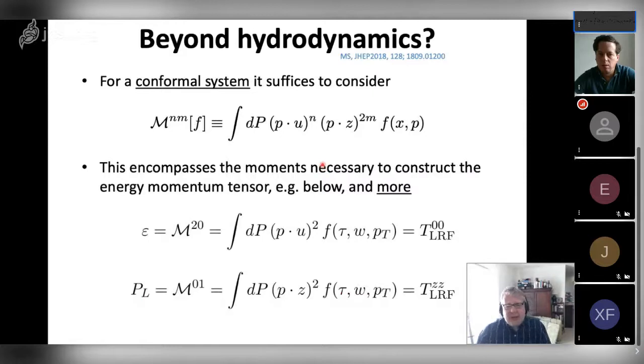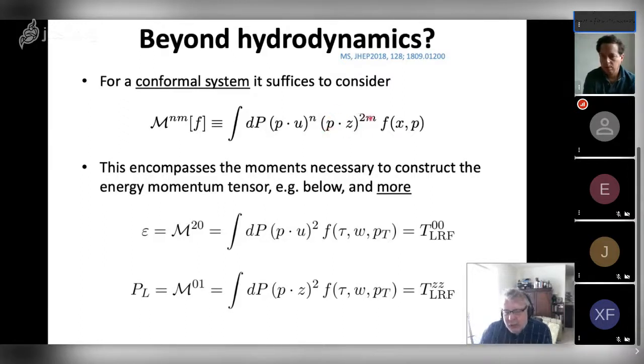So in what I'm going to show you today, I'm going to focus on yet a simple system. It's undergoing Bjorken expansion. It's conformal. It's transversely homogeneous. If it's conformal, you can always reduce this set of general moments down to a set of this type that have index n and m, where n is the power of the energy, essentially, and m is the power of the longitudinal momentum squared.